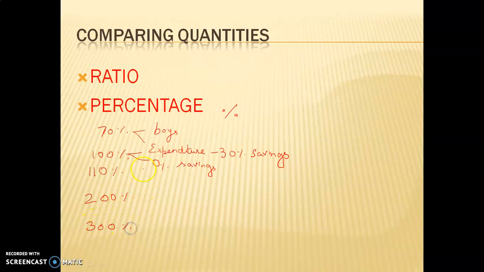Is it possible, my dear children? Something greater than 100. All parts of percentage will add up to 100%. But here I am asking, is it possible to write 200%, 300%? Yes, it's possible.